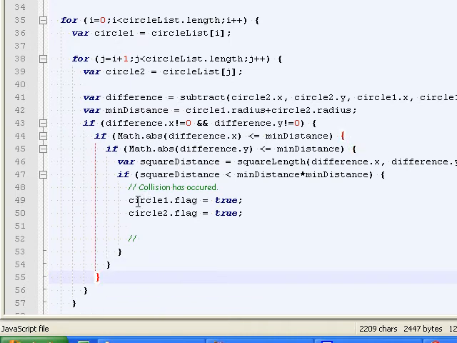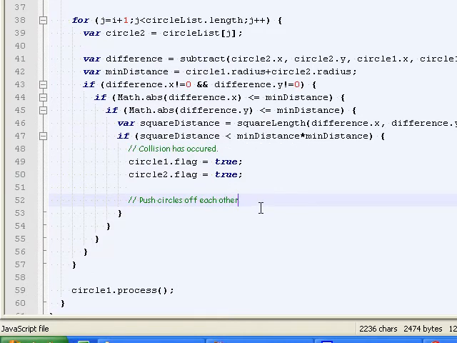This is getting quite deep. Right, so that way we can safely divide by the length of the distance, because we know it's more than 0. Alright, so yeah, collision has occurred. Push circles off each other.